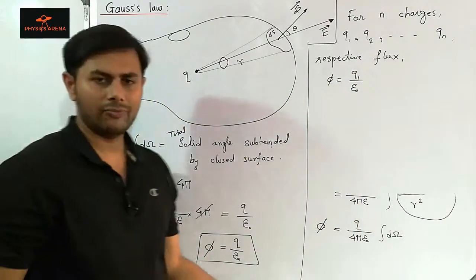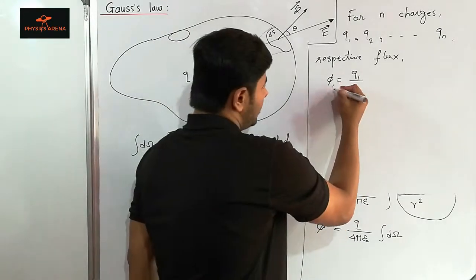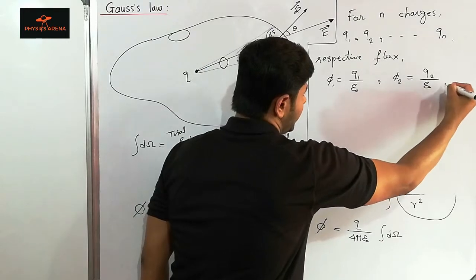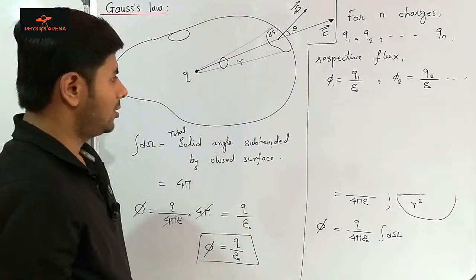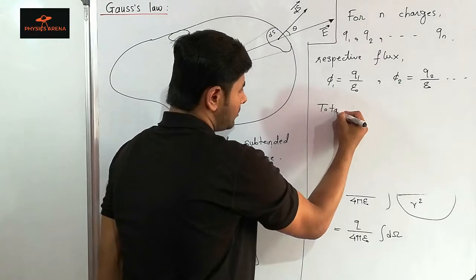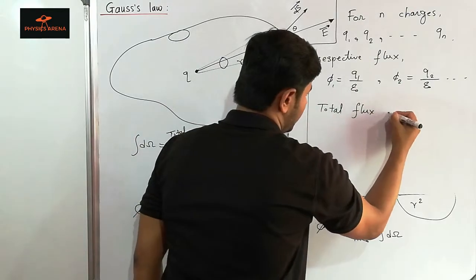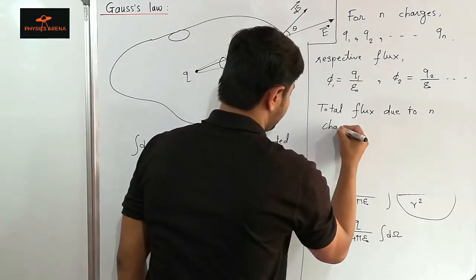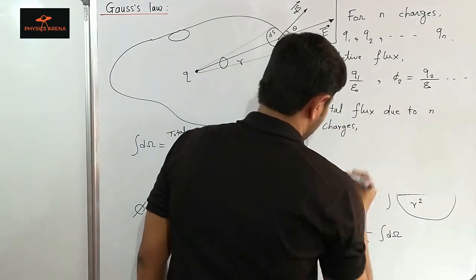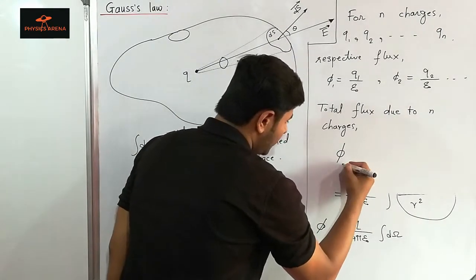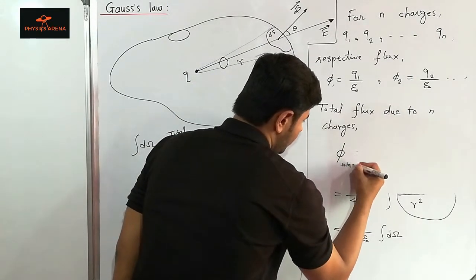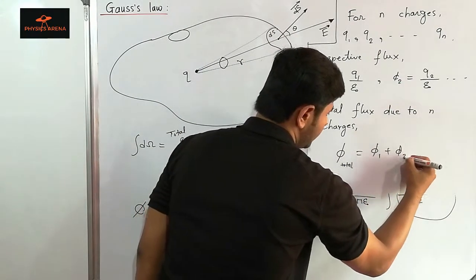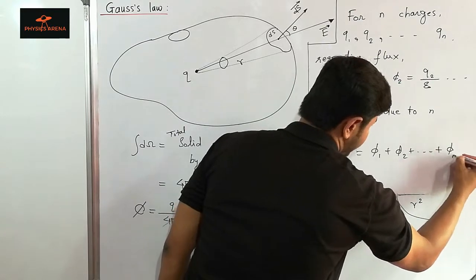For one charge we proved this. So phi 2 should be equal to q2 divided by epsilon naught, and so on. So the total flux due to n charges, let's say phi total, should be equal to phi 1 plus phi 2 plus up to phi n.